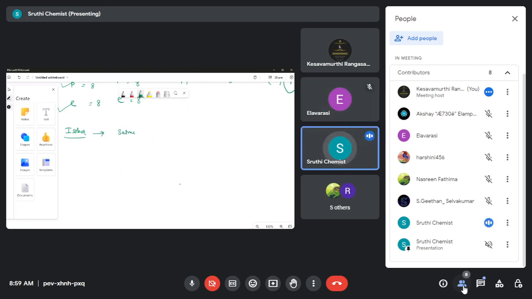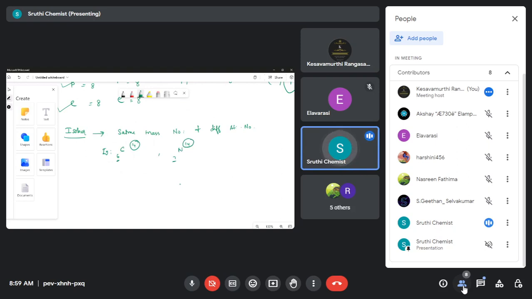If the atomic number is different, then there is no doubt the elements are also different. If the atomic number is the same, then the elements are the same. For example, note down carbon 14 and nitrogen 14. Here the atomic number is different, but the mass number is the same.